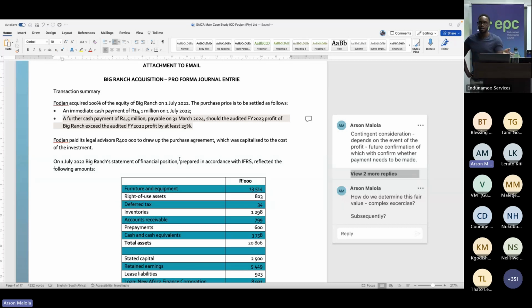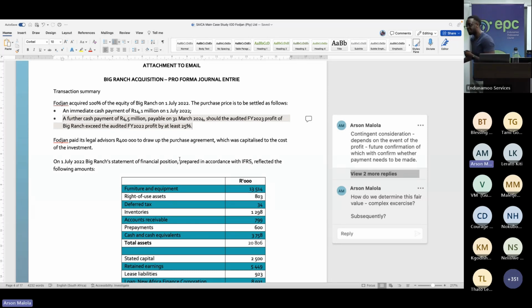Then next step, somebody said, oh, how are we going to value this? The valuation of a contingent consideration is a complex exercise. We're going to have to incorporate the probability that Big Grant will meet those profit targets, and consider the time value of money, if material. Maybe worth consulting an expert on this point. Done.